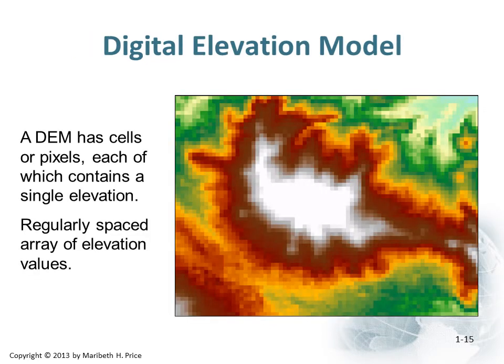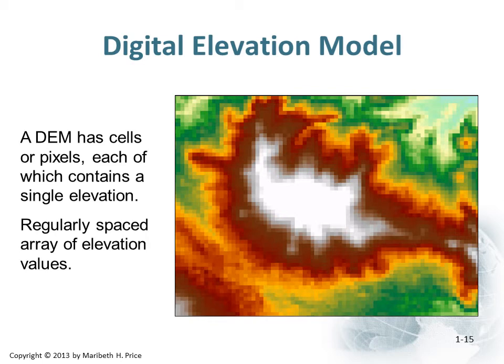A digital elevation model, a DEM. You will in time come to appreciate that the semantics of elevation models, digital elevation models, is not completely simple. There are several different types, or flavors, if you will, of these things. But basically this is how it works.